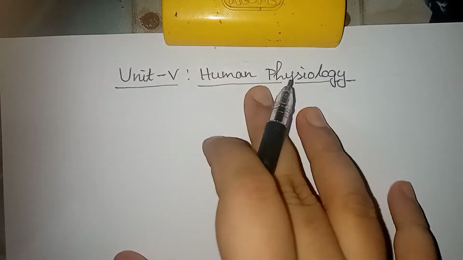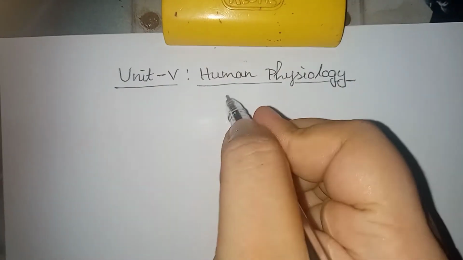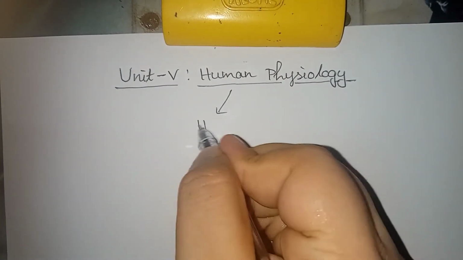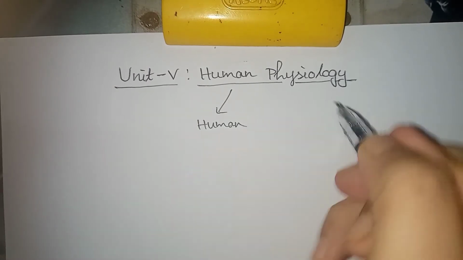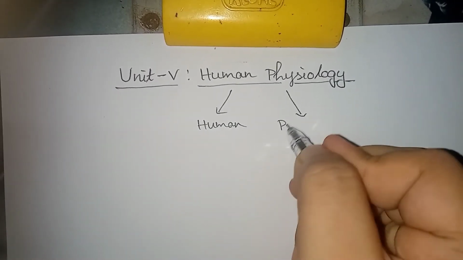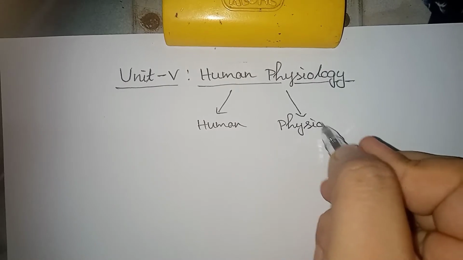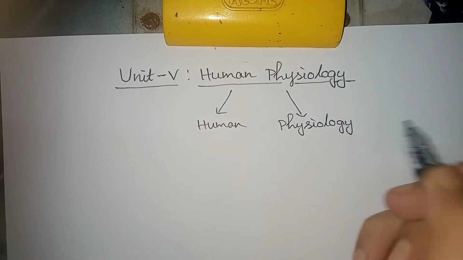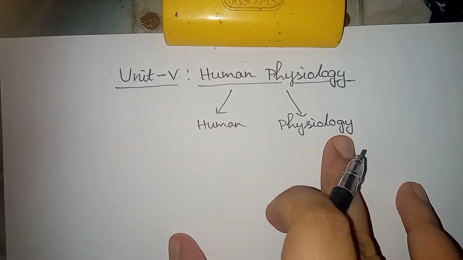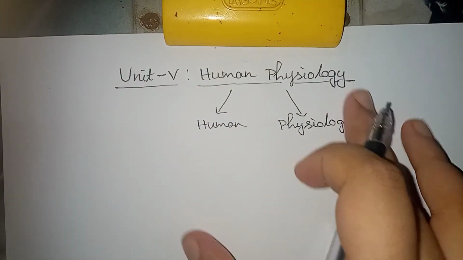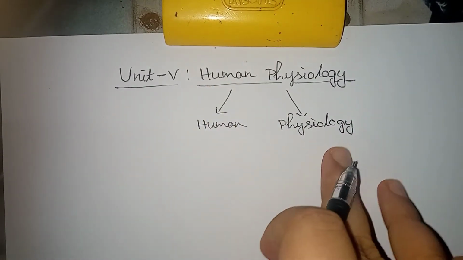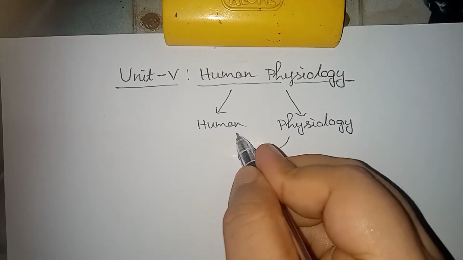If we split this term, human physiology, we'll get two words: one is human and another is physiology. So from here we can know that human physiology is nothing but the physiology which is related with the human being.